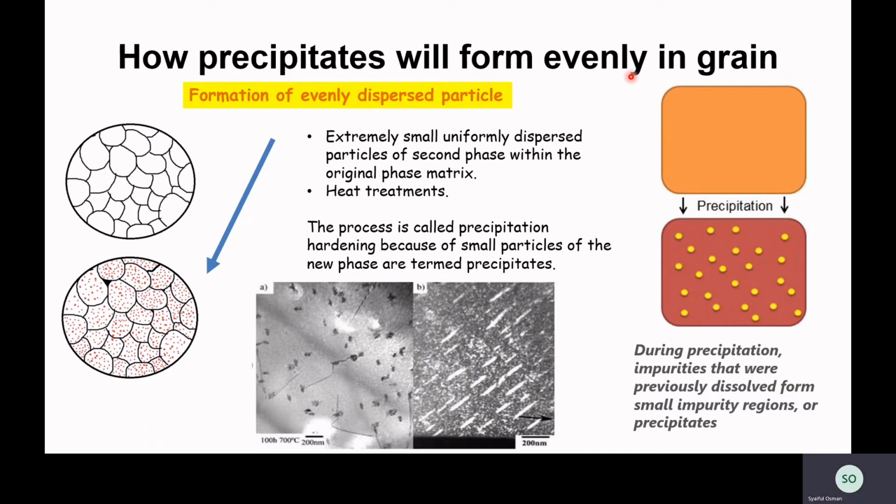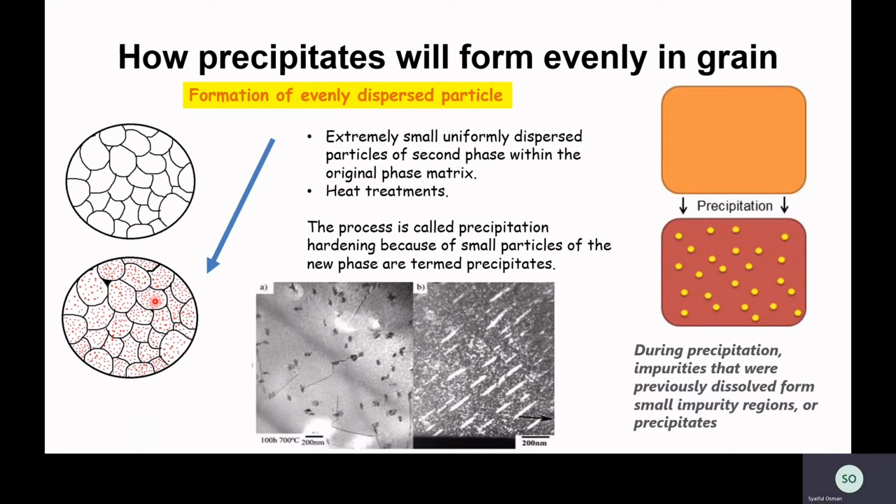The strength and hardness of some metal alloys may be enhanced by the formation of extremely small, uniformly dispersed particles of a second phase within the original phase matrix, like what we can see in the figure here. And this can be accomplished by appropriate heat treatment.